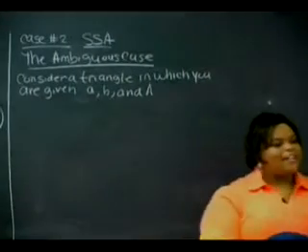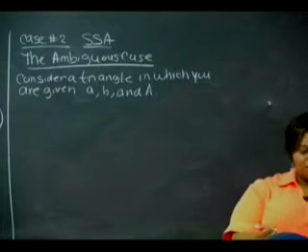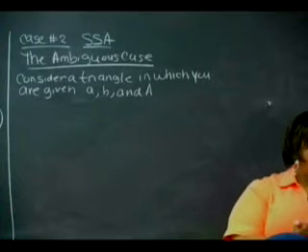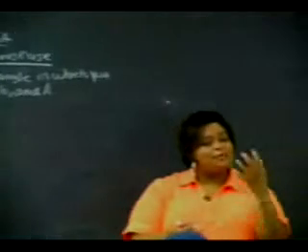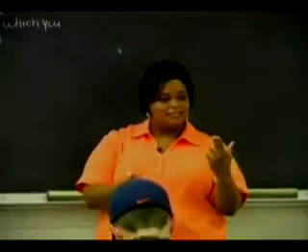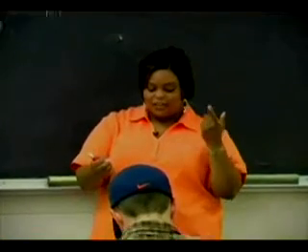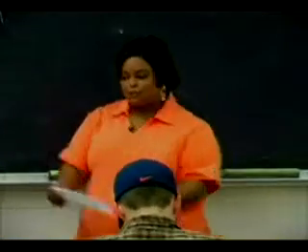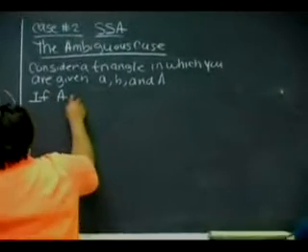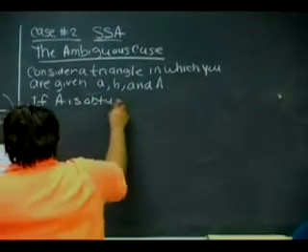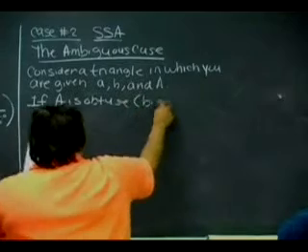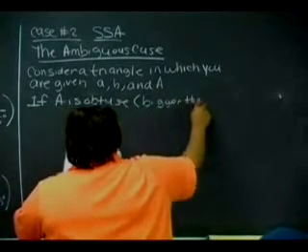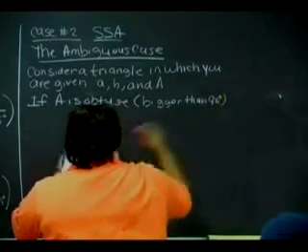Okay, so the first situation we're going to look at. This A that we're given may be obtuse or acute. So we need to break that case down into 2 cases. So let's look if A is obtuse, which means bigger than 90 degrees.